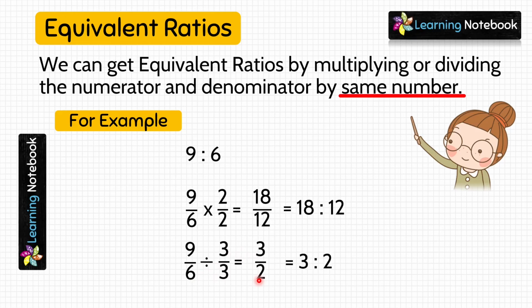So we have got 3 by 2, which is equal to 3:2. So this is our second equivalent ratio of 9:6. So in this way, we have found two equivalent ratios by multiplying and dividing the numerator and denominator by the same number.